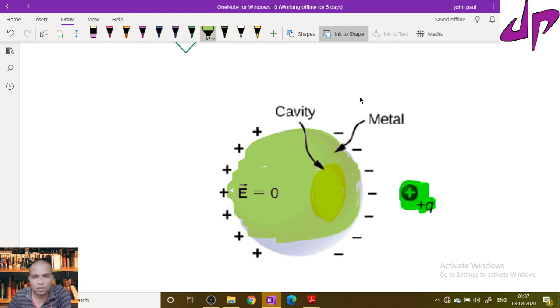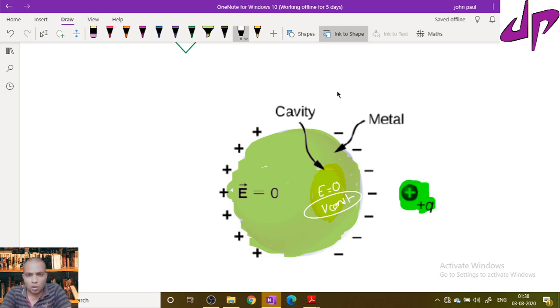So even though the metal has a cavity, the electric field inside the cavity goes to 0. If the electric field inside the cavity goes to 0, whatever the potential is remains constant. The same potential that is present within this surface will be present in the cavity.